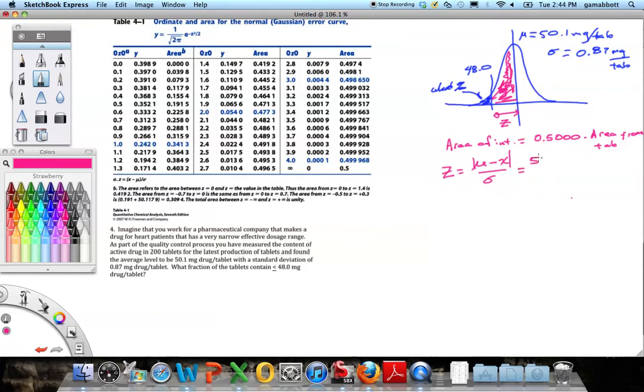So it's 50.1 milligrams minus 48.0, and we divide by sigma, which is 0.87 milligrams per tablet. This gives us a z value of 2.413 standard deviation units.